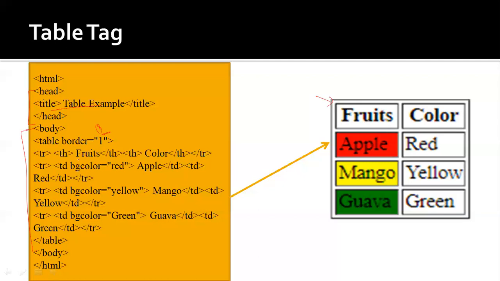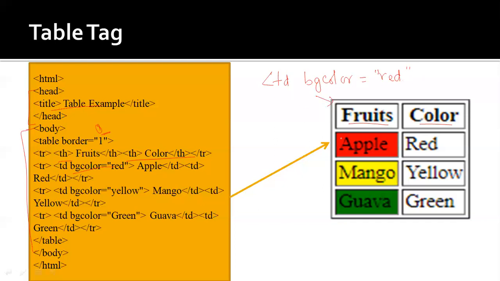Then first row is TR, TH. You can see from the output, fruits displays in bold and it is centered. Fruits, second heading is color. Then next row is TR, TD, BG color is equal to red. As you can see here, inside TD, it is written BG color is equal to red.